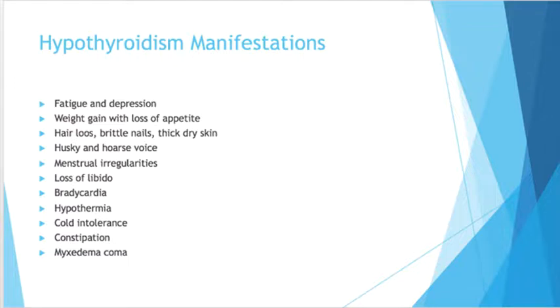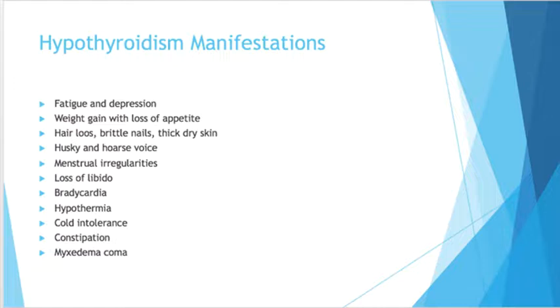So just to review, the things you will be assessing for, those hypothyroid manifestations. We're going to start with hypothyroidism first. So with hypo, as I said, everything goes down, weight goes up. So a lot of times the presenting symptom is going to be fatigue and depression. They may say they have weight gain with a loss of appetite, hair loss, brittle nails, thick dry skin.